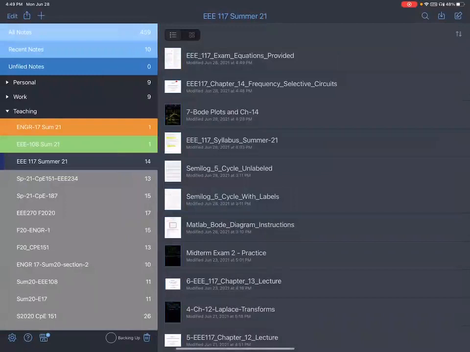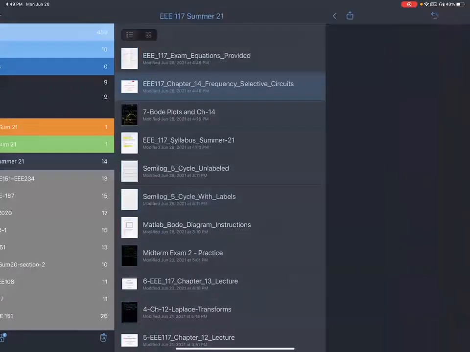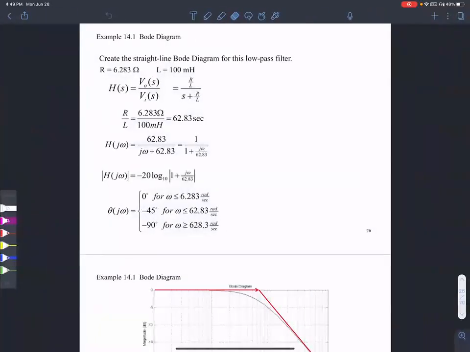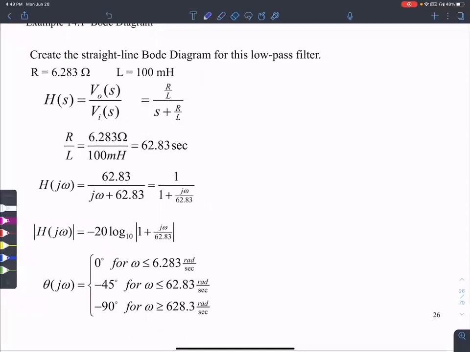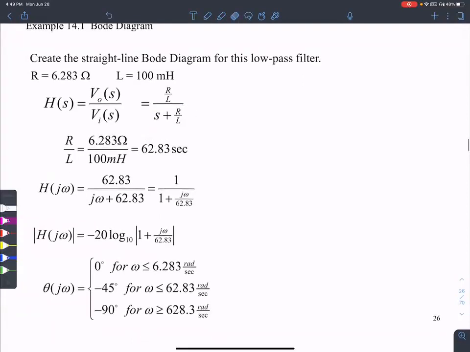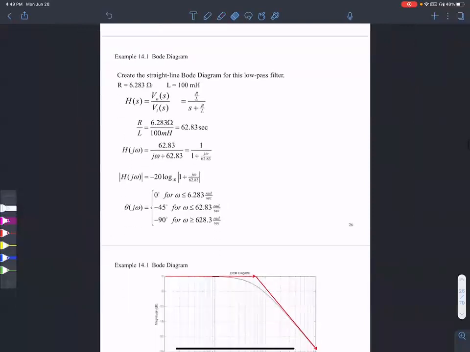You don't have to do the analysis each time you encounter a circuit like this. So this R over L, remember, was the cutoff frequency, omega c. If you do the analysis symbolically, you'll see that this term S plus omega naught will give you the cutoff frequency.